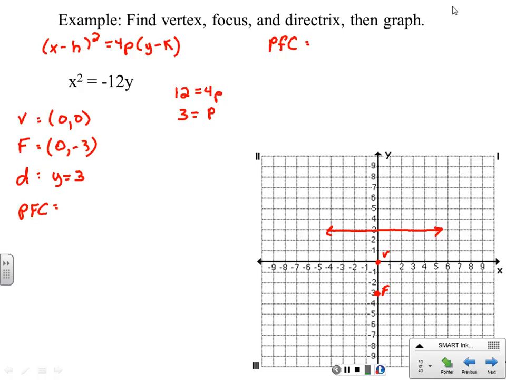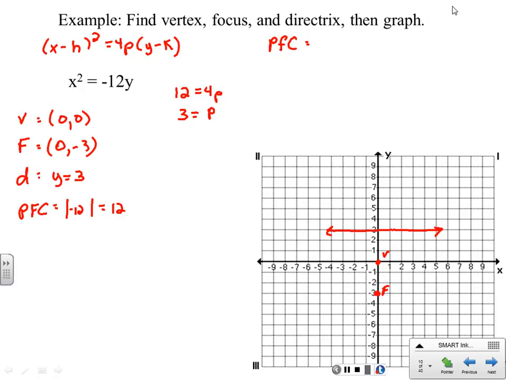Primary focal chord. Primary focal chord is what? Absolute value of. So your primary focal chord is going to be 12. So off of which point and how many units am I going? 6 off of the vertex or the focus?